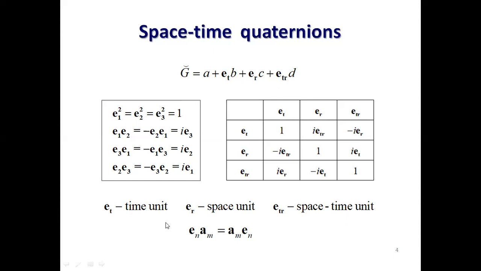ET is a time unit, which is changed under time inversion. ER is the space unit, which is changed under space inversion. ETR is the space-time unit, which is changed under space and time inversion. I would like to emphasize that E elements and A elements commute with each other.